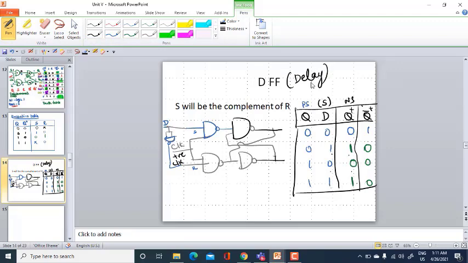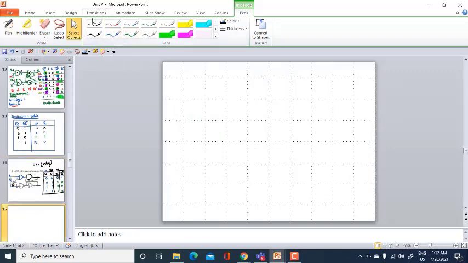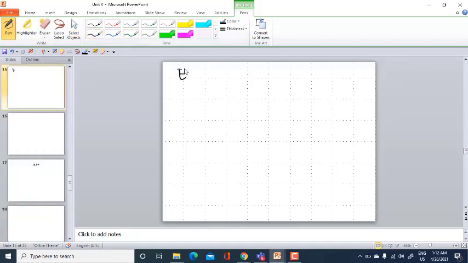Whenever you want to produce some delay in a digital circuit, in giving the input in digital circuits, you can use your D flip-flop. Okay. So, how will you draw your excitation table? Excitation table is between your present state and your next state with respect to your input.